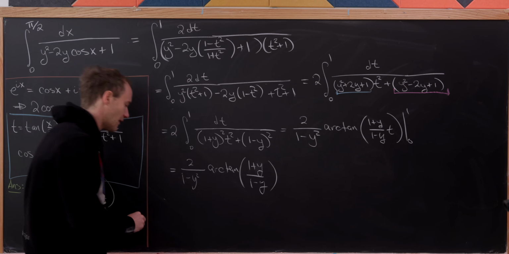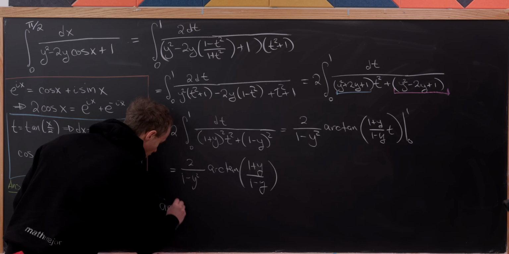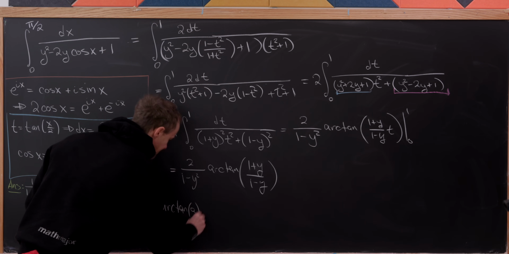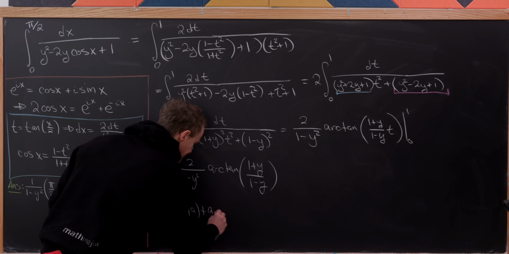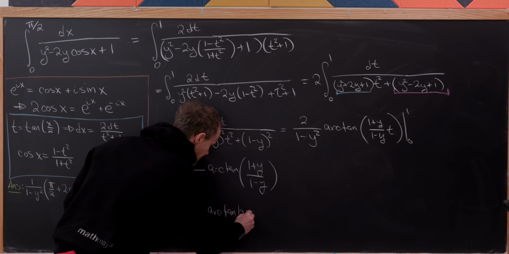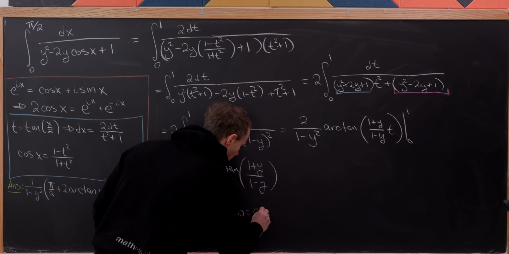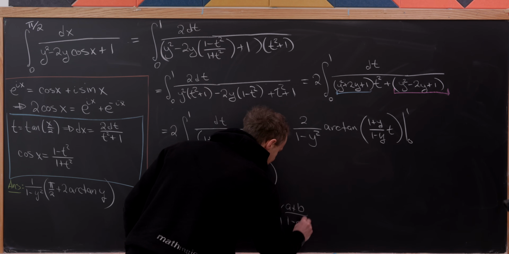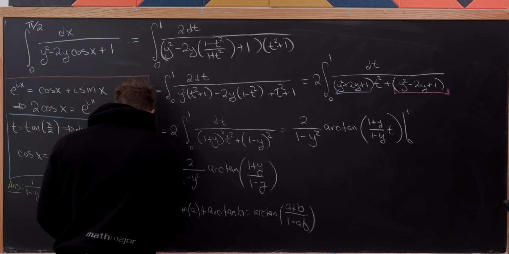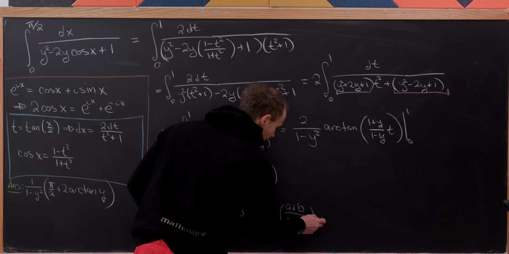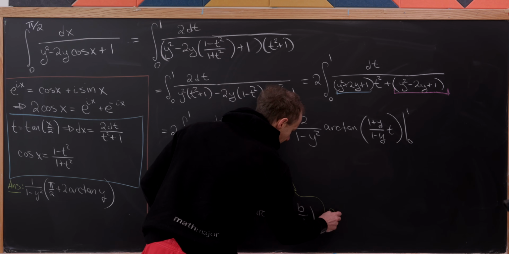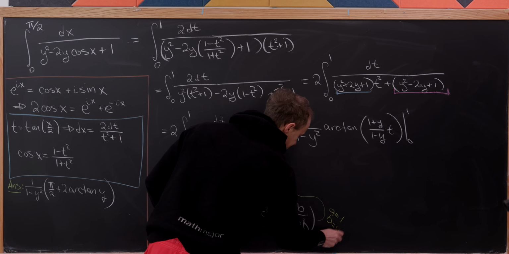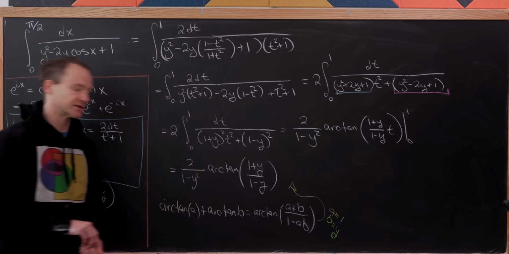And in order to do that, we need a certain arctangent formula. That's the arctan of a plus the arctan of b is equal to the arctan of a plus b over 1 minus ab. So now we can use that where a is equal to 1 and b is equal to y, or vice versa.